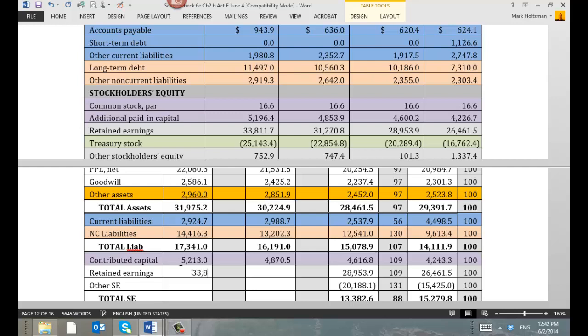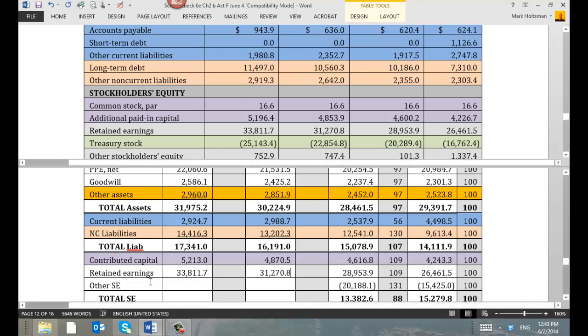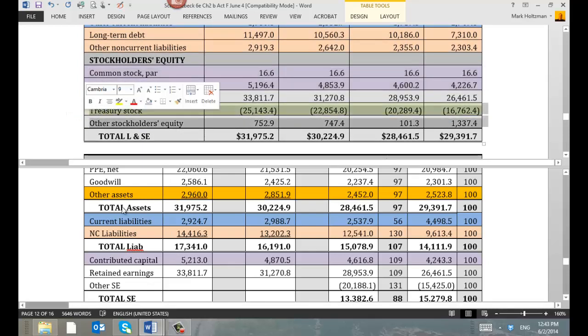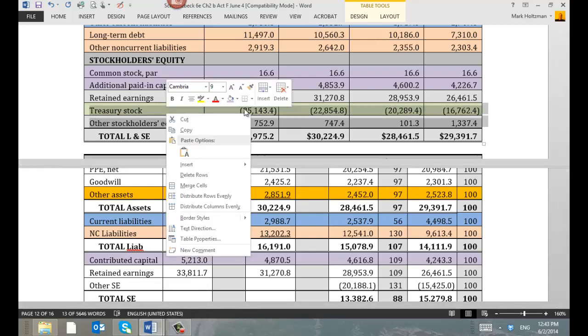Retained earnings is 33,811.7, 31,270.8. And then other stockholders' equity is going to be the combination of treasury stock and other right here, these two. So other stockholders' equity, and I actually can't, that's already a color, but I just used it for one thing. I can change the color.